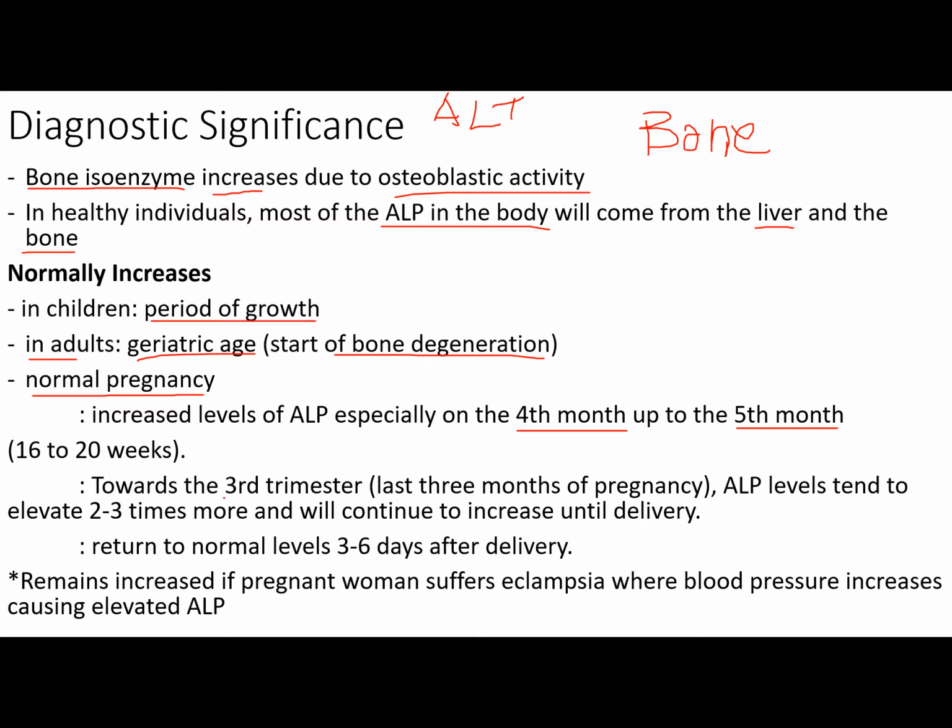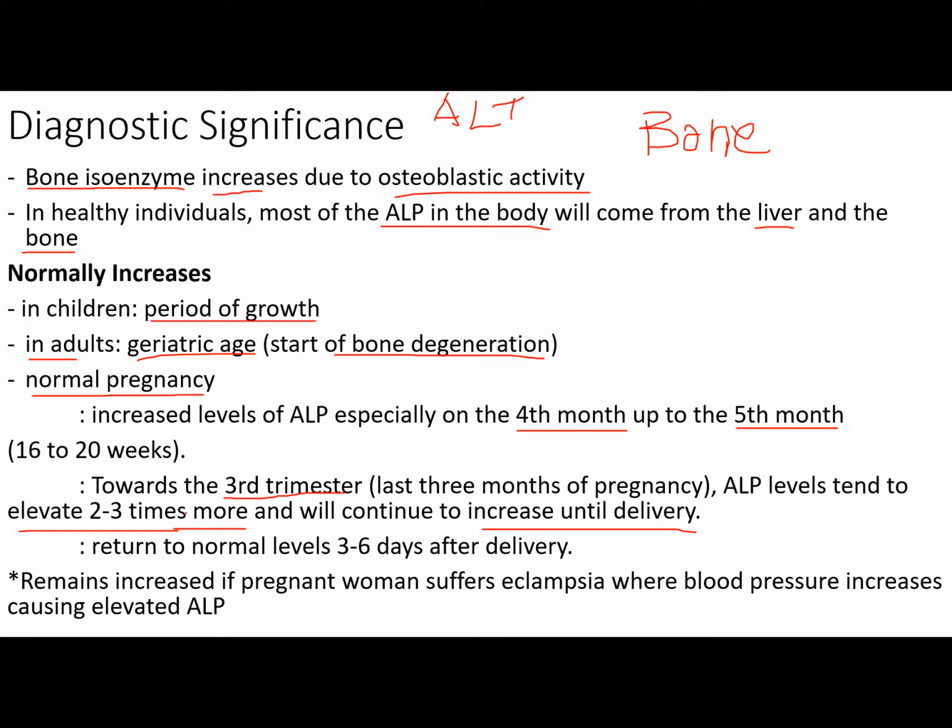And then towards the 3rd trimester, class, the last 3 months of pregnancy, ALP levels tend to elevate 2 to 3 times more and will continue to increase until delivery. So, it increases, class, at the start of the fourth, after the fifth month of pregnancy.